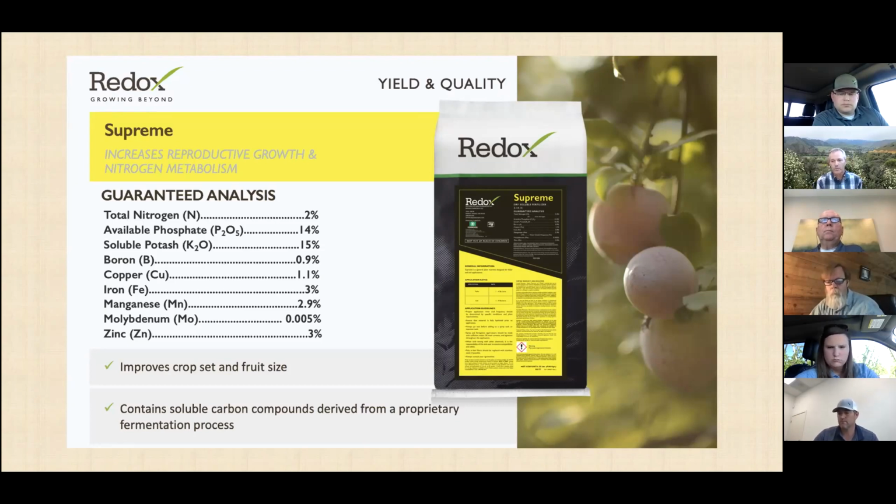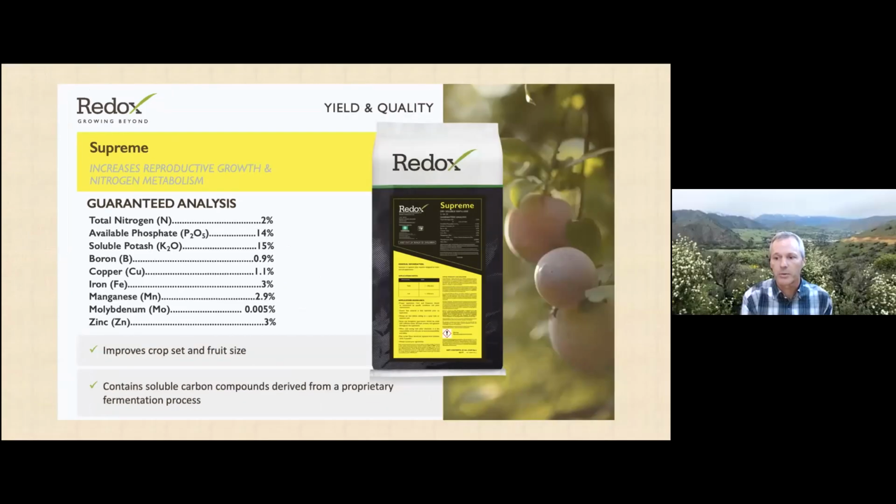Supreme is a reacted product, has all the components of V55. It also incorporates potassium, copper, iron, and manganese. Supreme is produced using a proprietary fermentation process that provides a broad base of soluble carbon compounds in addition to the amino acid package.